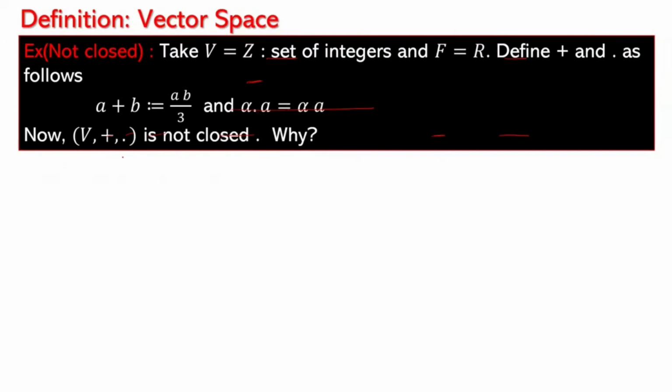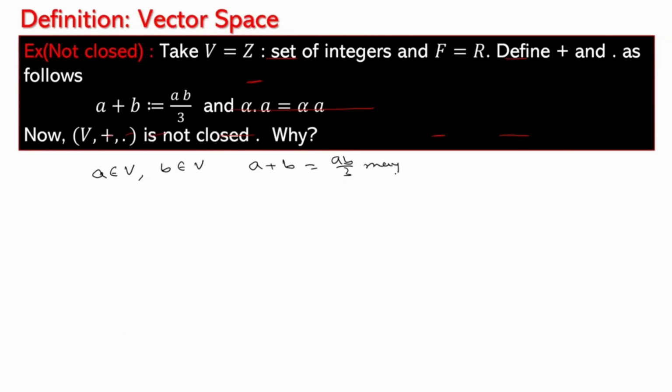Then V with these operations is not closed. Why? Because a belongs to V, b belongs to V, then a plus b, which is ab over 3, may not always be an integer.